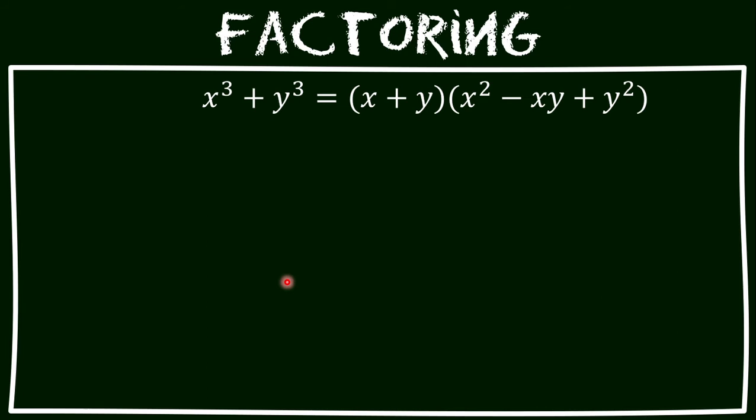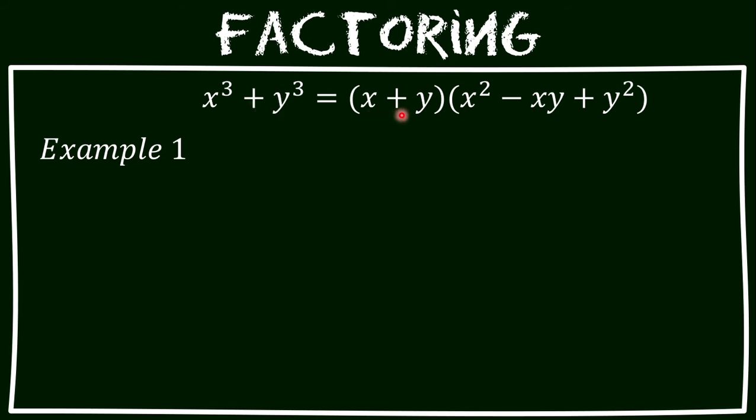Next is this one. This is the cubic form. The x and y have cubic exponents. So we must get the cube root of the first term and the second term and place it here.